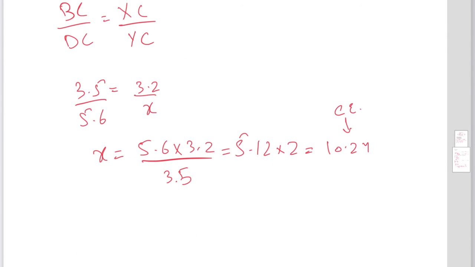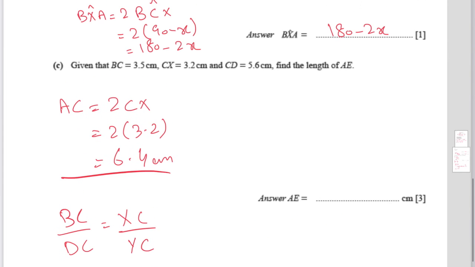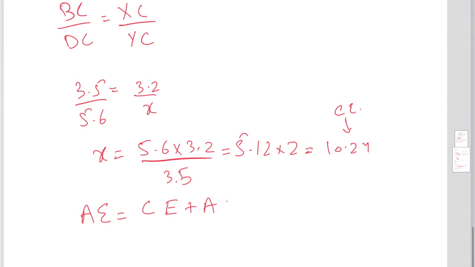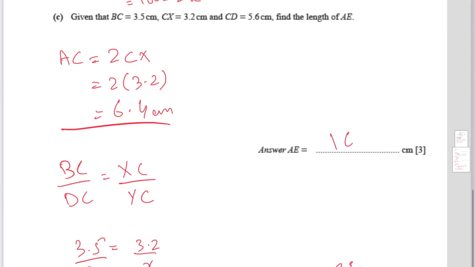So we have to find AE. What we do is we add CE and AC, which is 10.24 plus 6.4. This gives us 16.64. So we write that here.